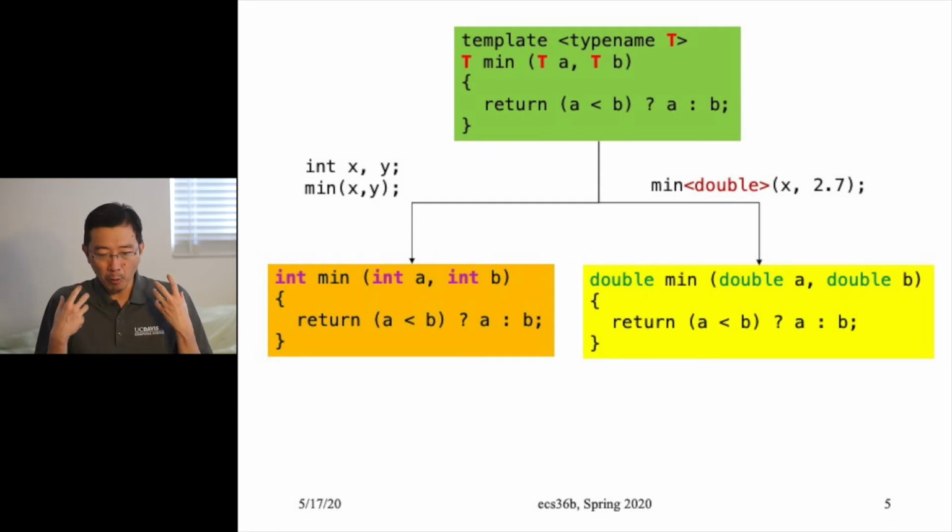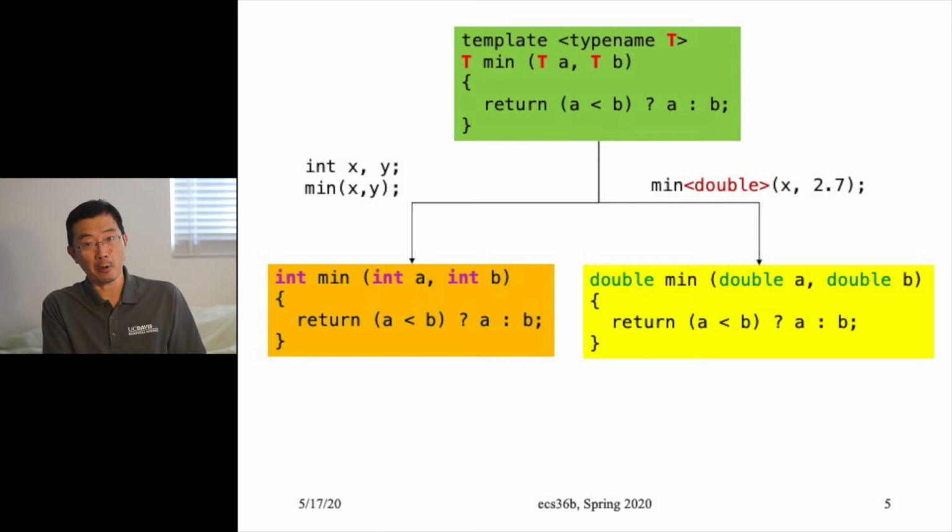It means I want to let the compiler know I want to call that particular version of the function, which is double, which means that type name T is going to be replaced by the double type, and it will generate the right-side yellow box for double, regardless of what you put in the argument.